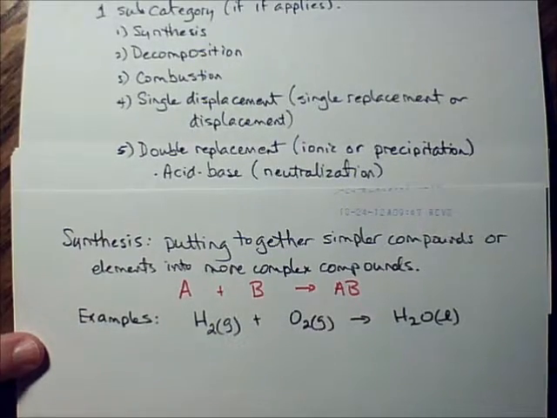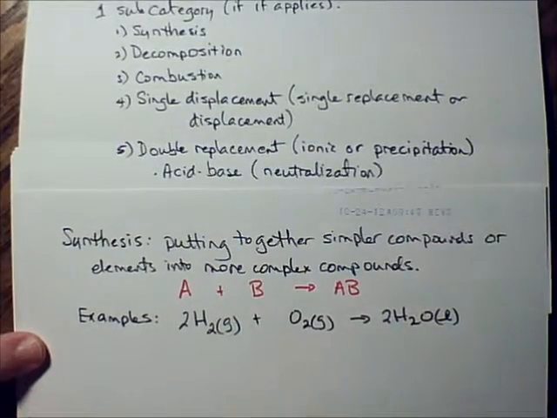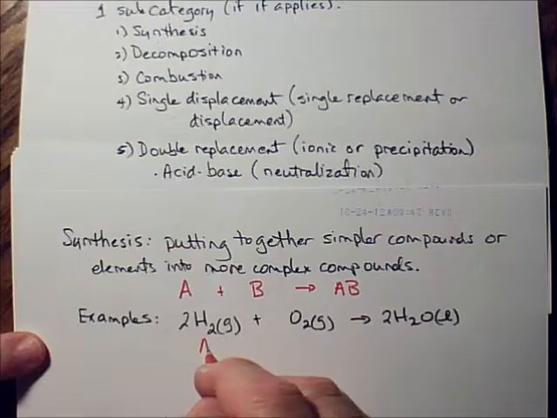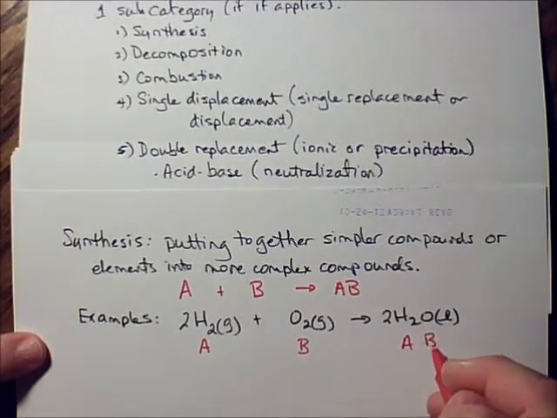Now the equation, to be balanced, needs to have a 2 here and a coefficient 2 here. But this then is A, and this is B, and this is AB.